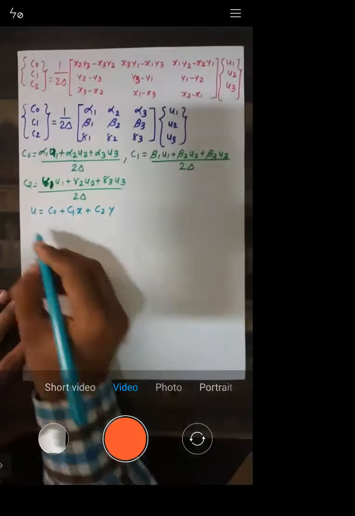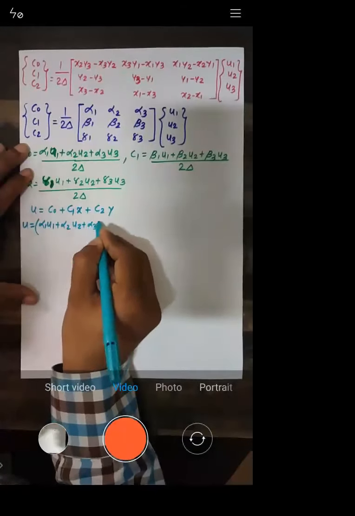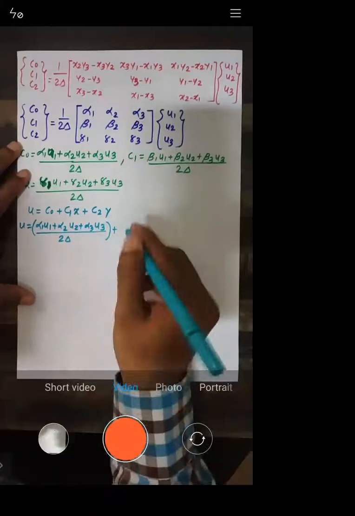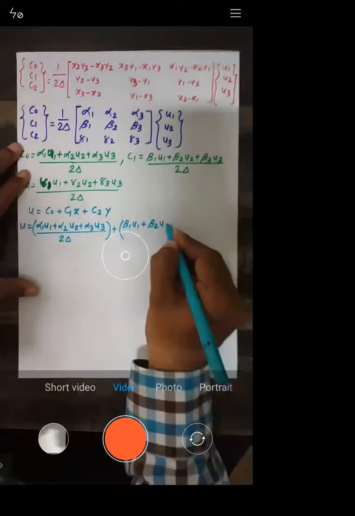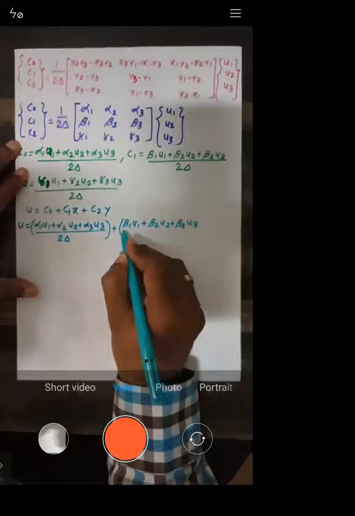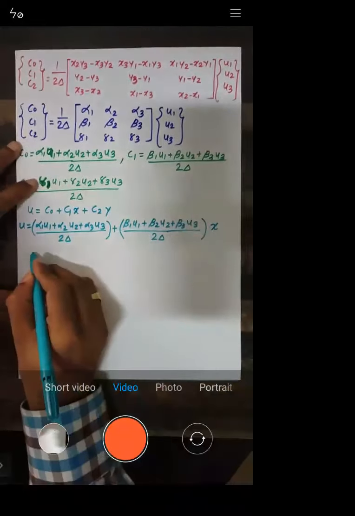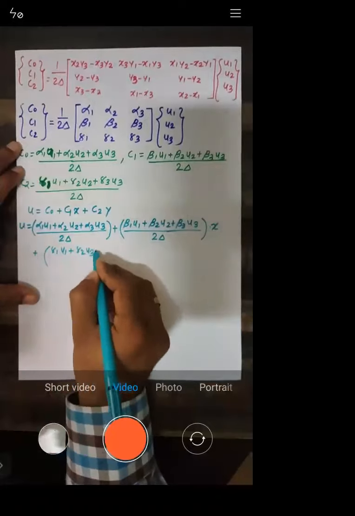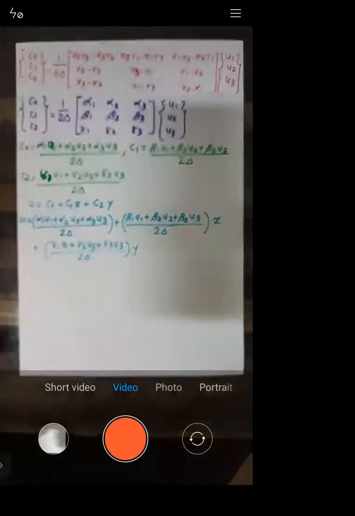U is equal to C0, which is alpha 1 U1 plus alpha 2 U2 plus alpha 3 U3 divided by 2 delta, plus C1 into x, which is beta 1 U1 plus beta 2 U2 plus beta 3 U3 divided by 2 delta, plus C2, that is gamma 1 U1 plus gamma 2 U2 plus gamma 3 U3 divided by 2 delta, into y.